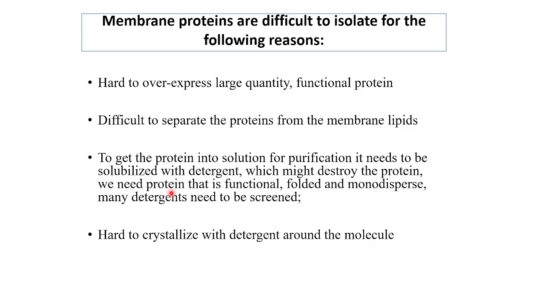To get the protein into solution for purification, it needs to be solubilized with detergents, which might destroy the protein. So we need the protein in its functional, folded, monodispersed form, and many detergents need to be screened. And also it is hard to crystallize with detergent around the molecule.